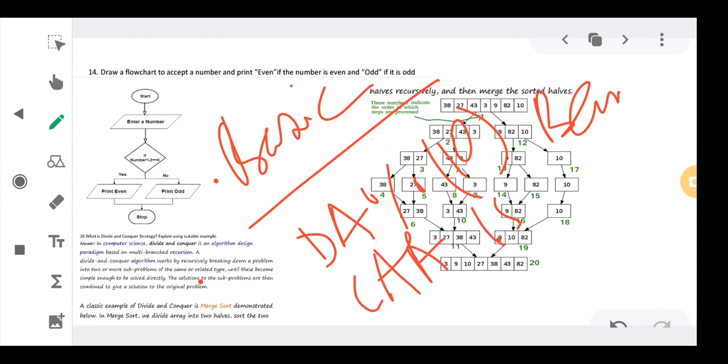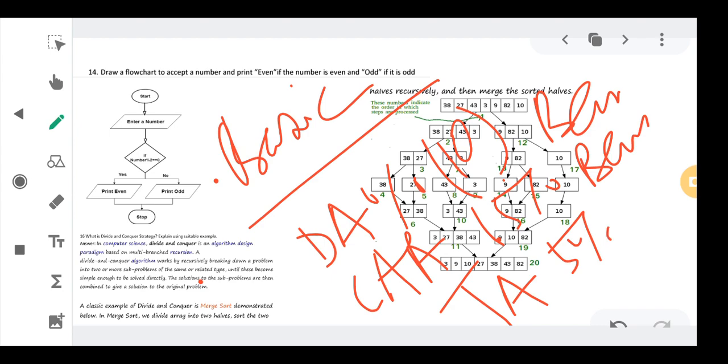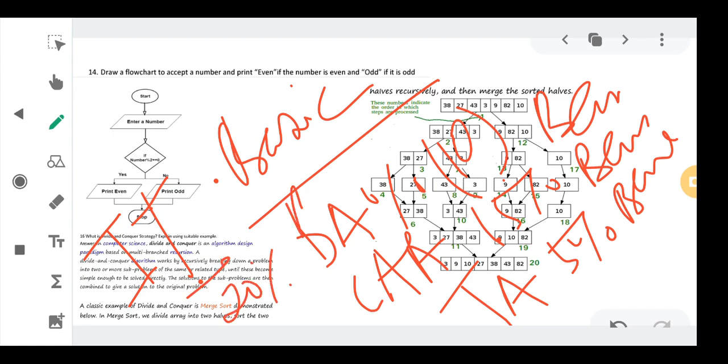CCA is suppose 15% of the basic salary. TA is suppose 5% of the basic salary. Then IT, income tax, is maybe 20% of the basic salary.